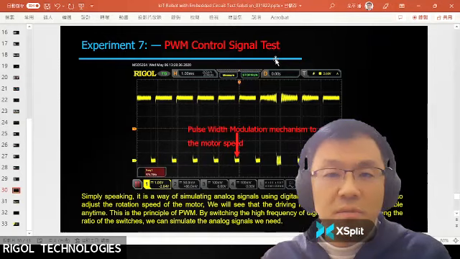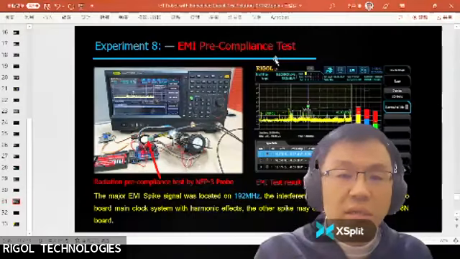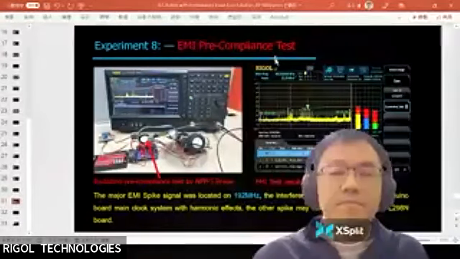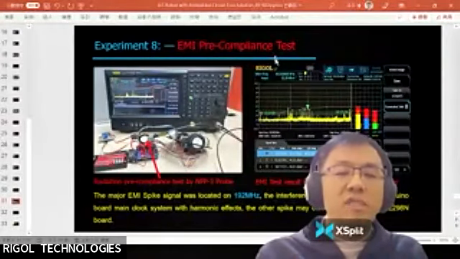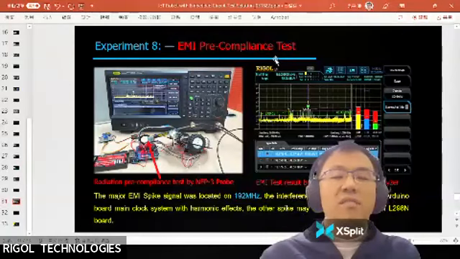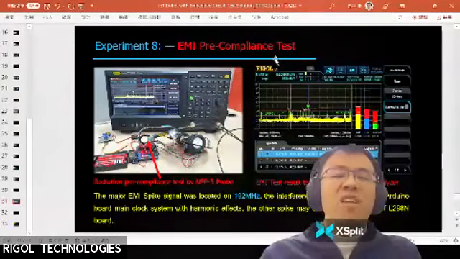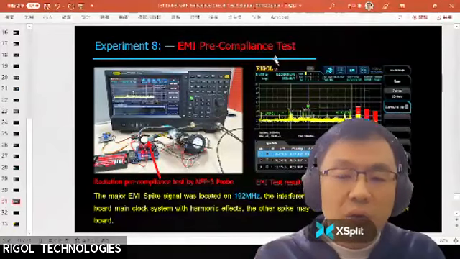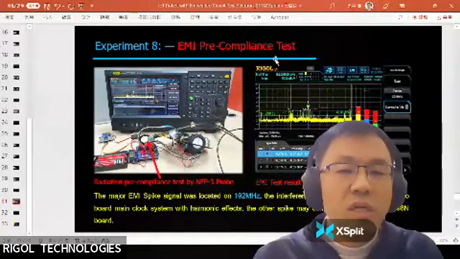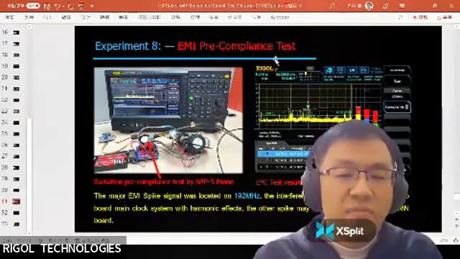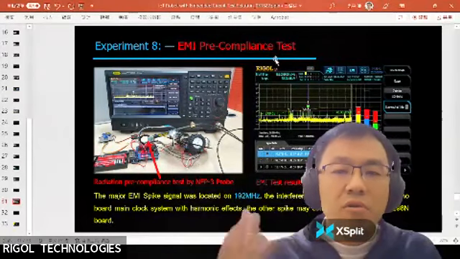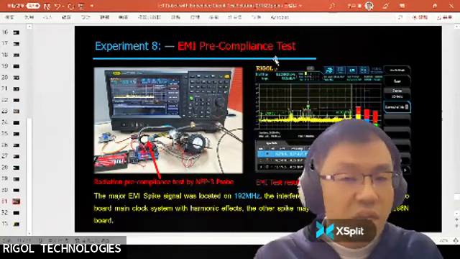Okay, the final one is the experiment of the EMI pre-compliance test. Why do we use the EMI pre-compliance test? Because for each kind of electronic product, if we want to ship it to another country, we need to pass verification of the EMI test and the qualification by each country's standard.